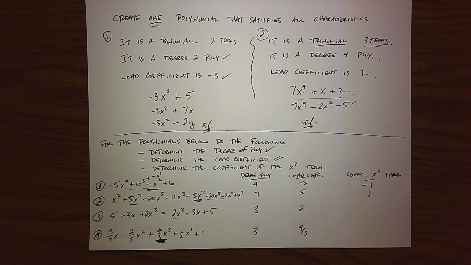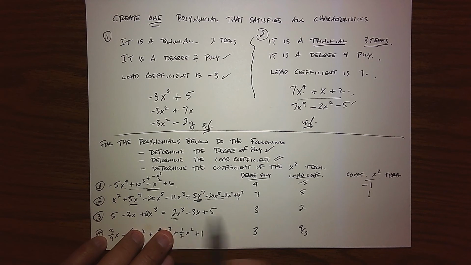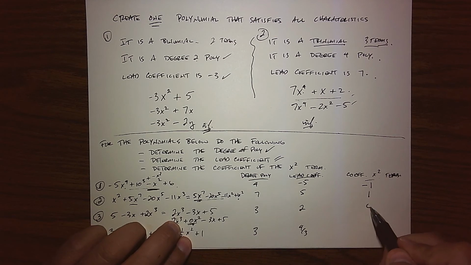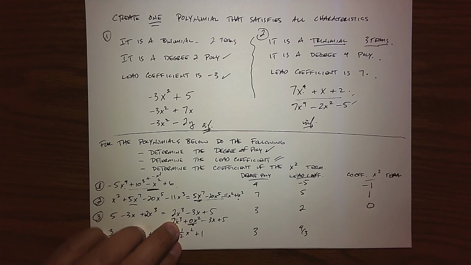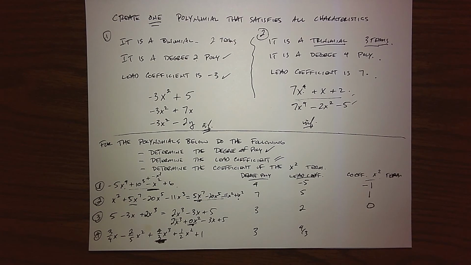All right, and then number 3, when we take a look at this, there is no term with an x squared in it. The reason it's gone is because anything times 0 is 0. So technically speaking, I keep calling it the lead coefficient, but the coefficient of x squared is actually going to be 0 in this case.